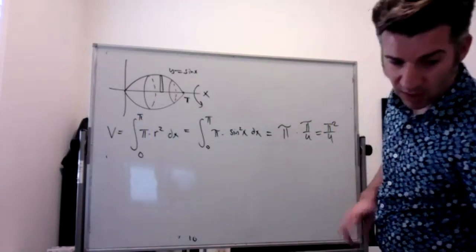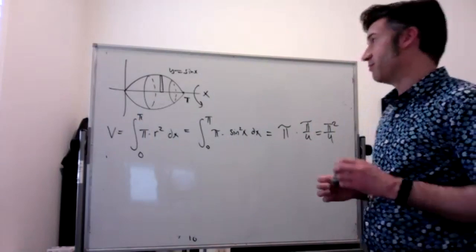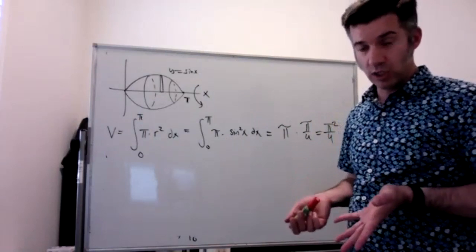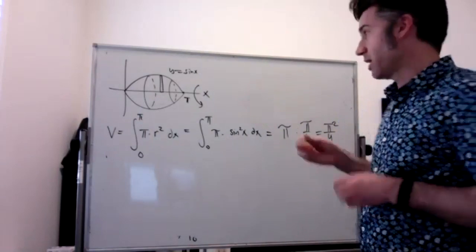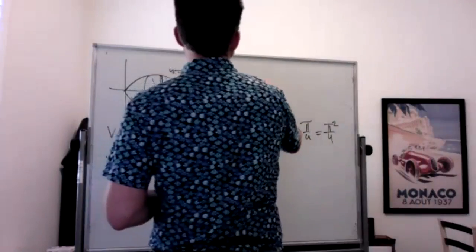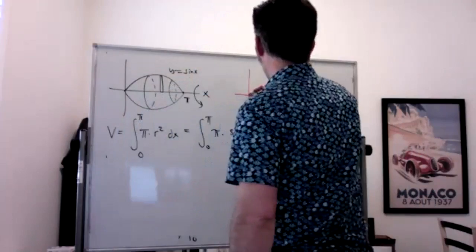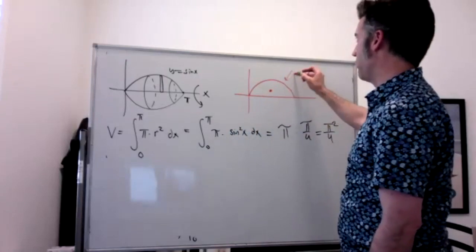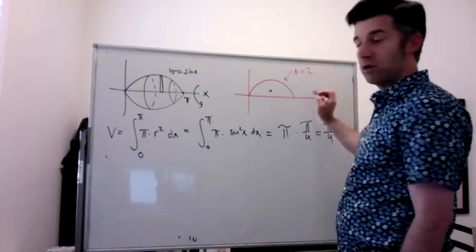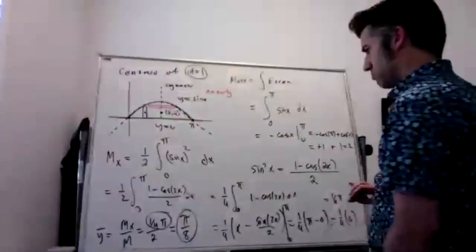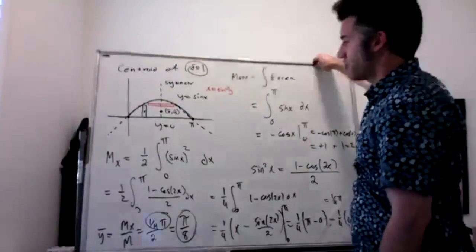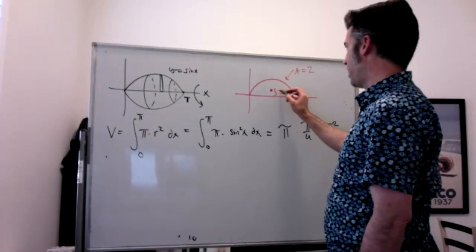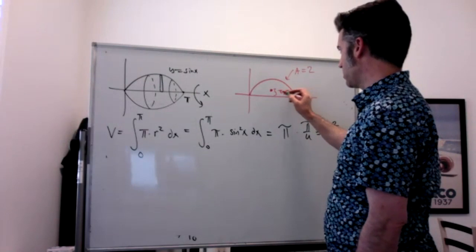And now here's what Pappus's theorem says. Pappus's theorem says that you can instead imagine all the area of your region at the centroid. So if I take my region and think about where the centroid is, the area of that was 2, right? It was 2. And the centroid here is at pi over 2 comma pi over 8.